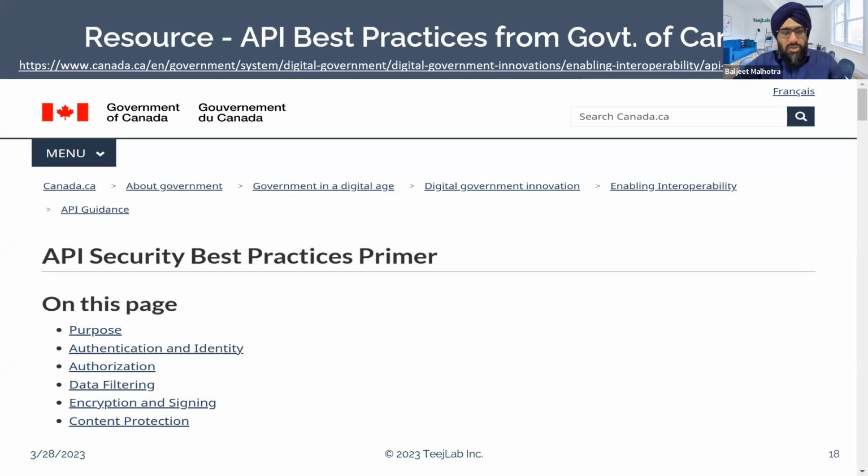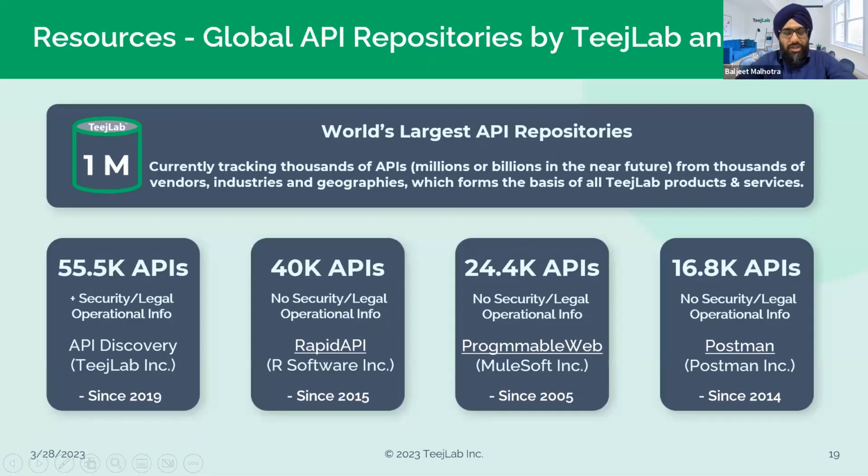If you want to know more about some of the best practices, actually, the Canadian government has a very good booklet. I'm sure there is a lot of other literature available. You guys are experts in the security issues, but I recommend some of the best practices listed at the link here. And also our own resource.